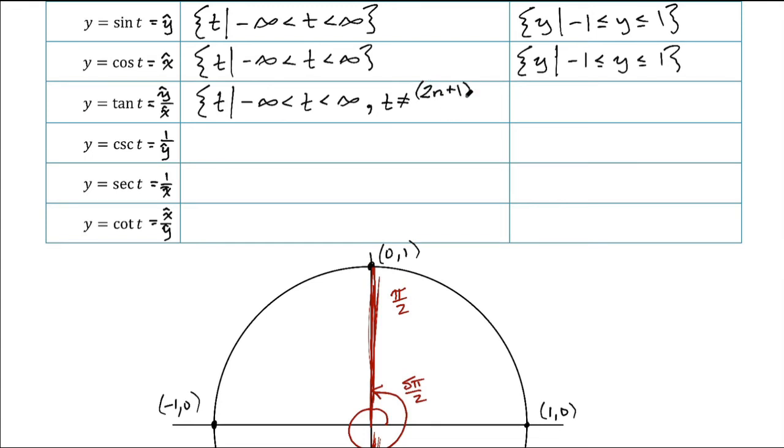So 2n plus 1 times pi, that's an odd number times pi over 2. Okay, so any real number that is not an odd pi over 2, that's going to be our domain for tangent.